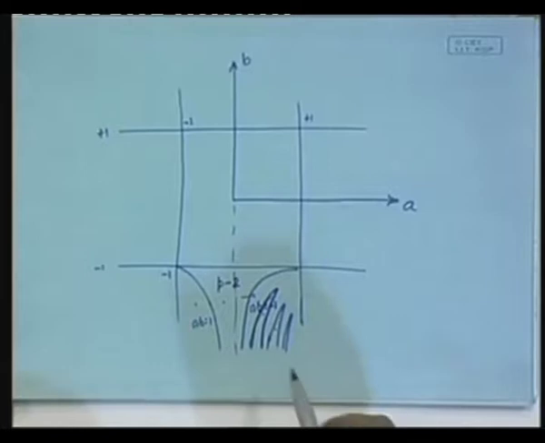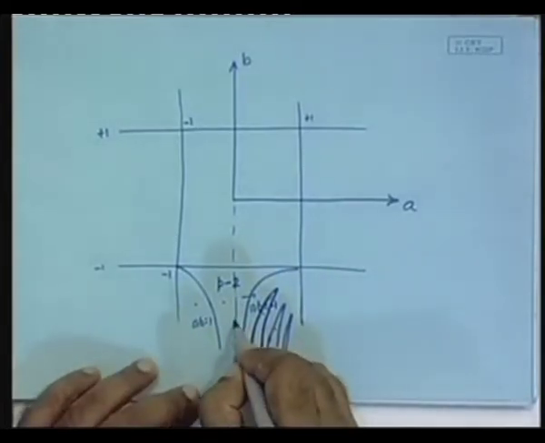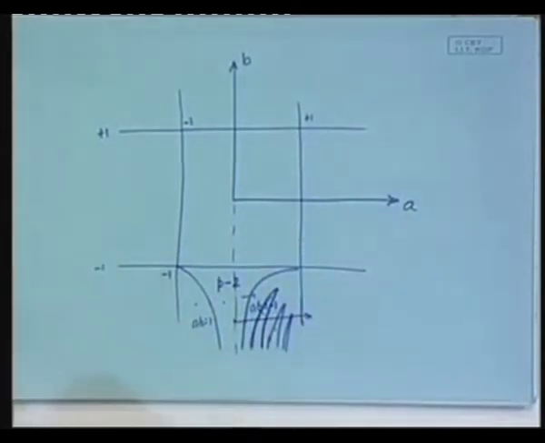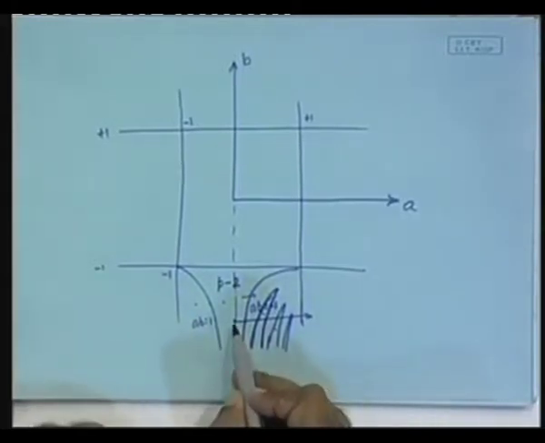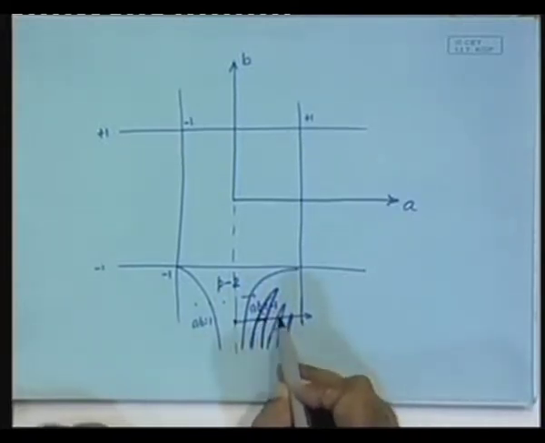Now if I take the parameter mu to be positive and I vary the bifurcation parameter a like this, what will you see? Here it will be a period 2 orbit, then here it will be a chaotic orbit, here it will be a period 3 orbit, here it will be a period 4 orbit, and so on.